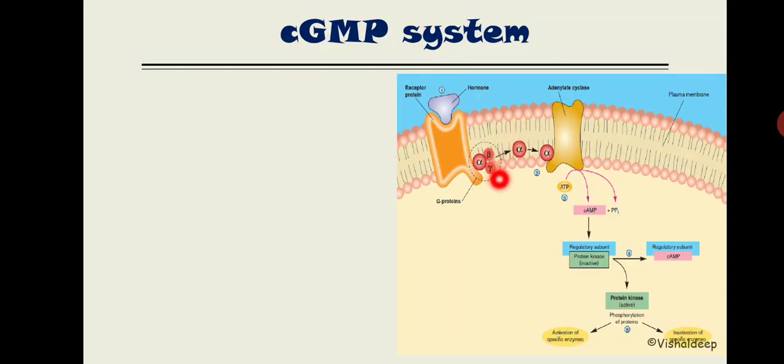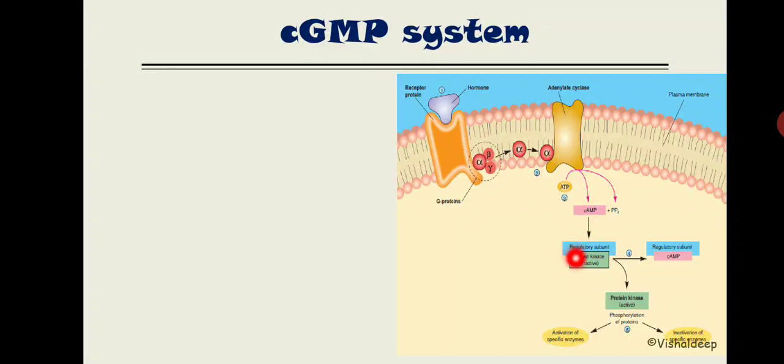So in this diagram you can understand that this alpha subunit activates adenylyl cyclase, and eventually it increases the cyclic AMP level, while in the cyclic GMP system this alpha subunit attaches to guanylyl cyclase and activates cyclic GMP, and the rest of the sequence is the same.